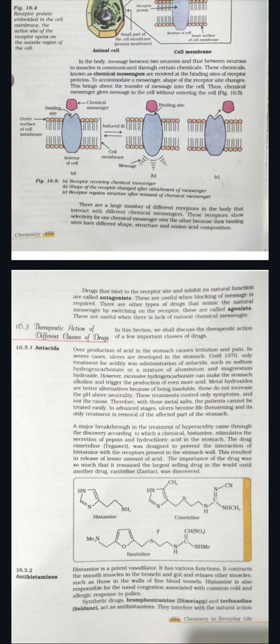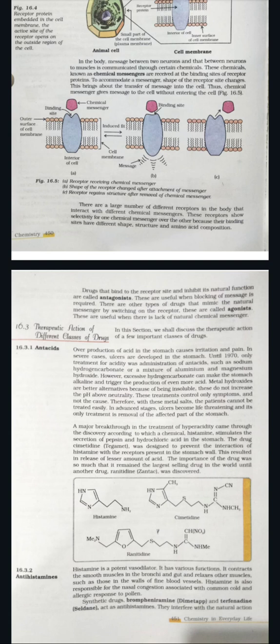However, excessive hydrogen carbonate can make the stomach alkaline and trigger the production of even more acid. Metal hydroxides are better alternatives because of being insoluble. These do not increase the pH above neutrality. These treatments control only symptoms and not the cause. Therefore, with these metal salts, the patient cannot be treated easily. In an advanced stage, ulcers become life threatening, and the only treatment is removal of the affected part of the stomach.